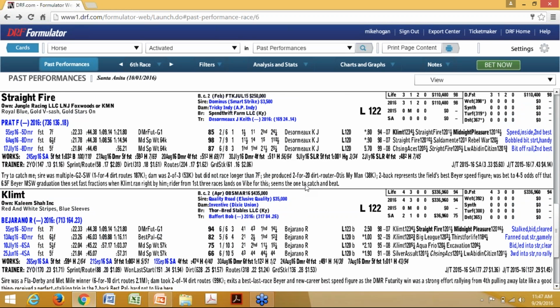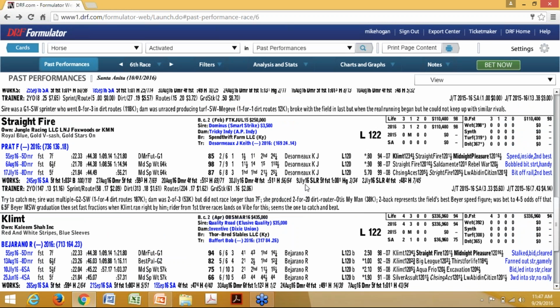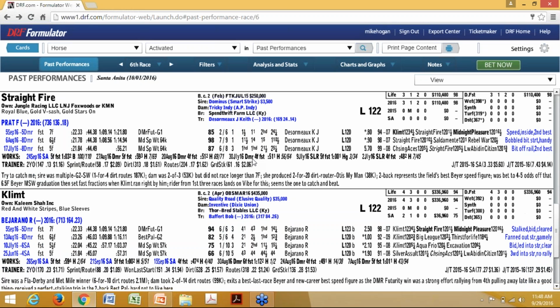DeSormo off, Pratt can really ride. DeSormo can be a very in and out rider, and to me, that's huge as well, which only adds to the fact. And if you look, Klimt, the favorite, really, the race set up perfectly for him last time. So I see an excellent shot with DeSormo stretching this horse out, through the stats I've used.